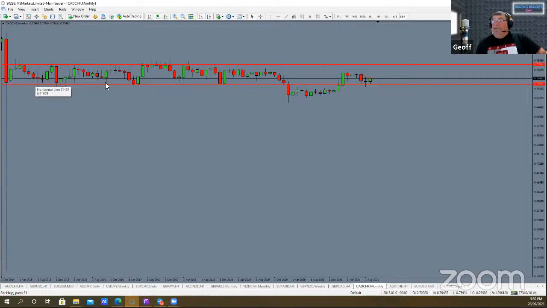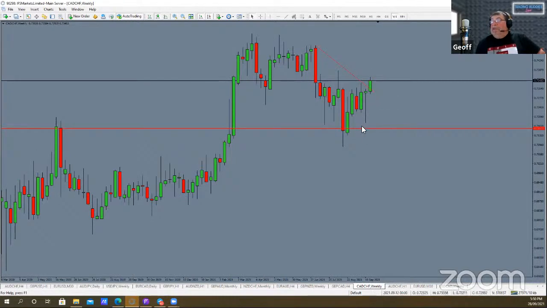There's the range since 2015. Ducked below it in 2020, briefly, 10 or 11 months' worth, then broken back into it. We've now retested the bottom of it. So to my mind, the course of least resistance would be to go up to here at some stage. The weekly chart, as I said, was a game changer bar at a resistance level, no question.